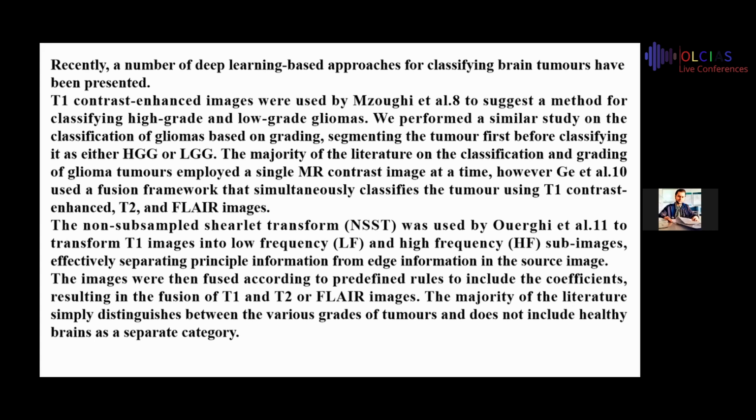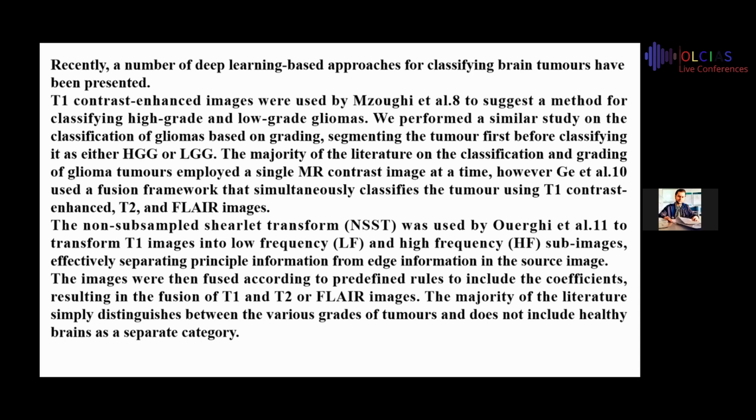The majority of the literature on the classification and grading of glioma tumors employed a single MRI contrast image at a time. However, Ge et al. have used a fusion framework that simultaneously classifies the tumor using T1 contrast enhanced, T2, and FLAIR images.